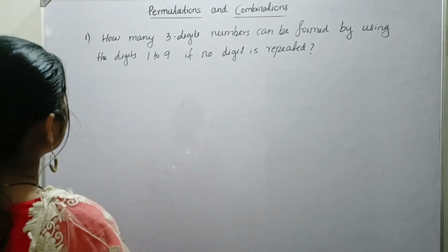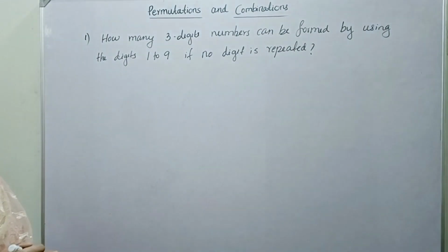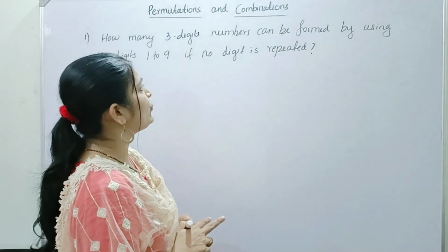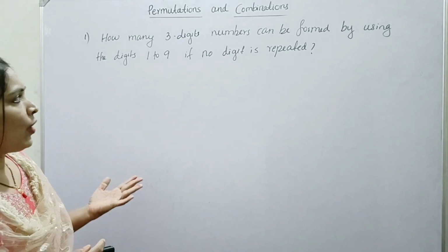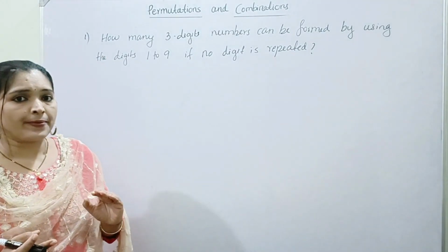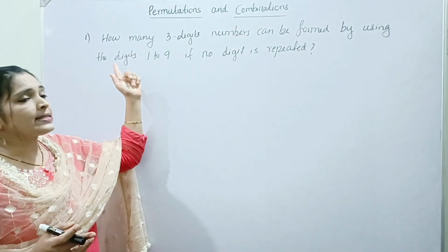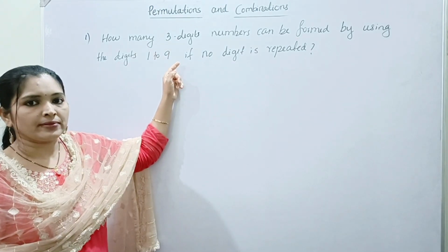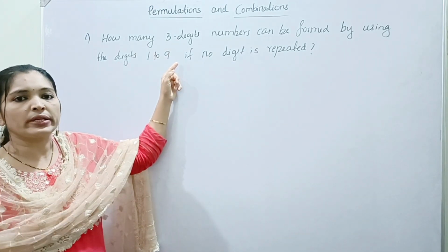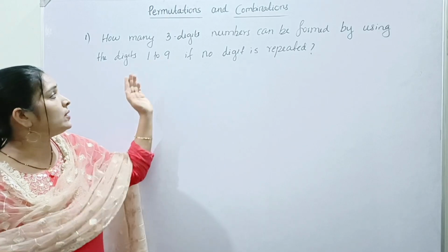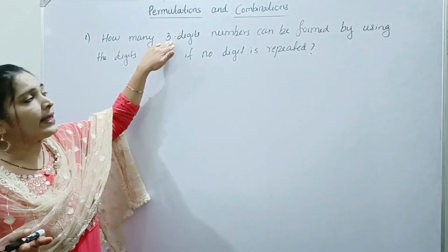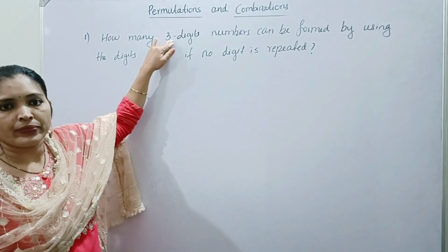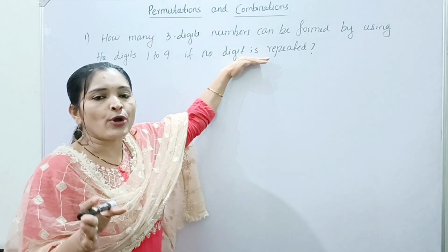Look at the first question. How many 3-digit numbers can be formed by using the digits 1 to 9 if no digit is repeated? Here we have to find the number of permutations. The digits 1 to 9 are different, and we take 3 digits at a time, and repetition is not allowed.